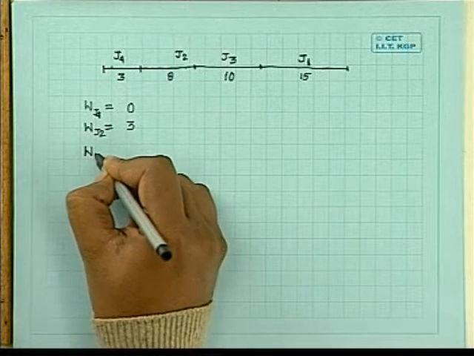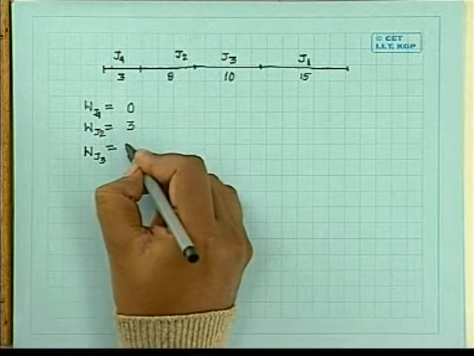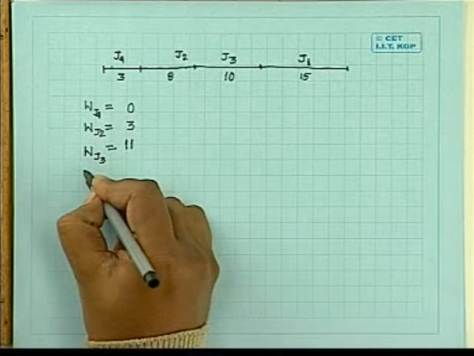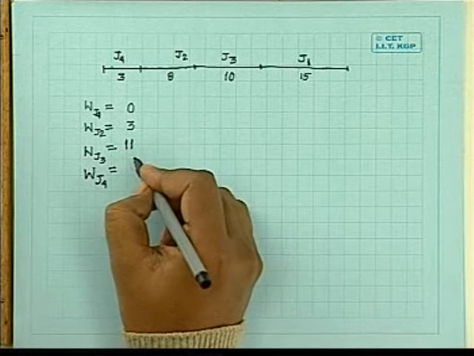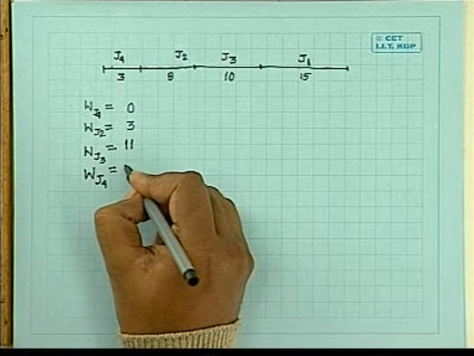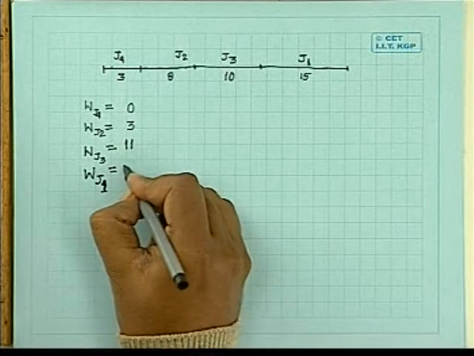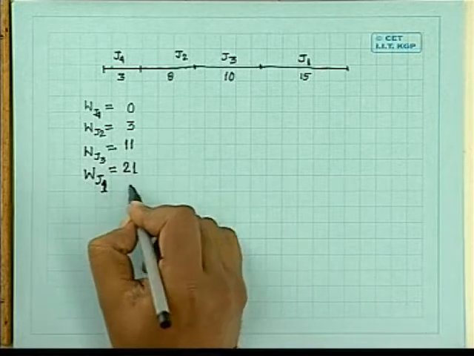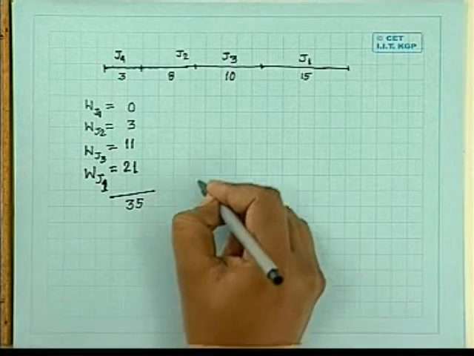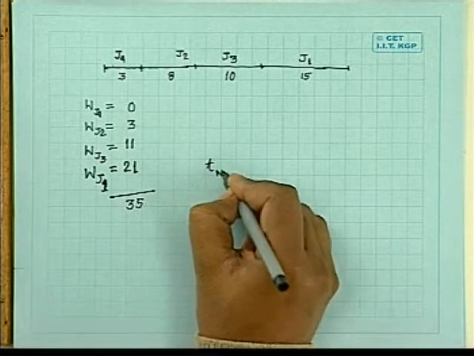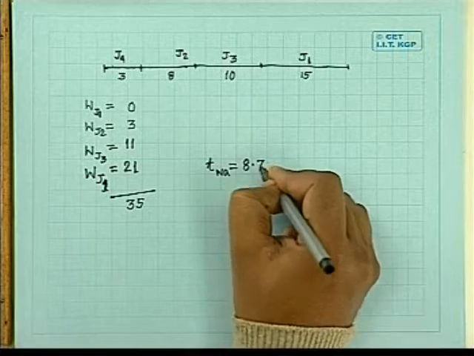Waiting time of job J3 is equal to 11 time units, and waiting time of job J1 is 21 time units. The total is 35 time units, and the average waiting time in this case is 8.75 time units.